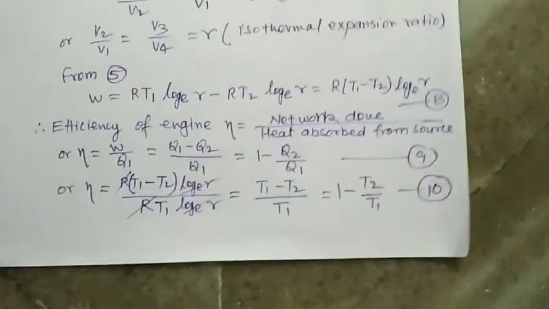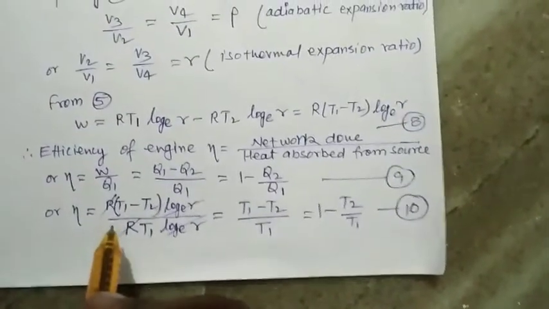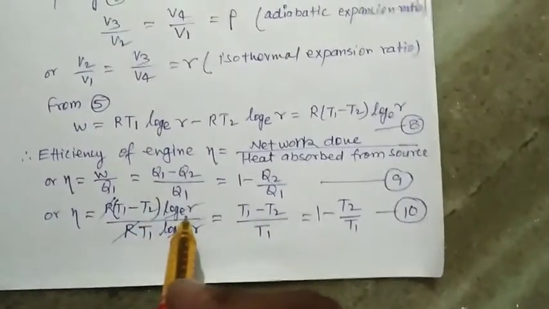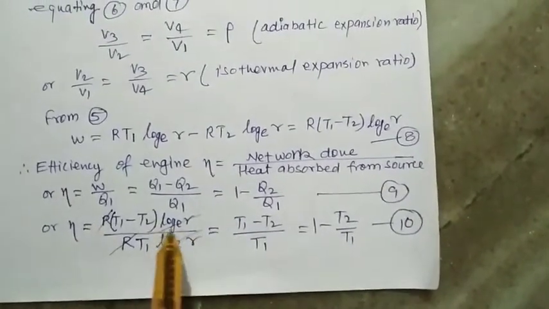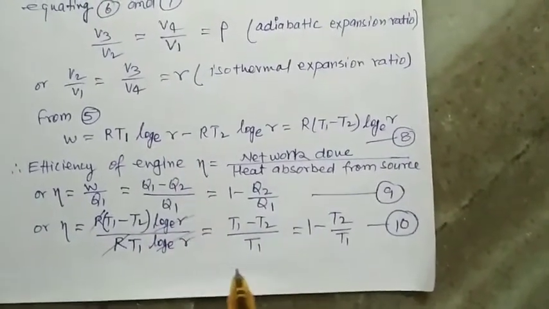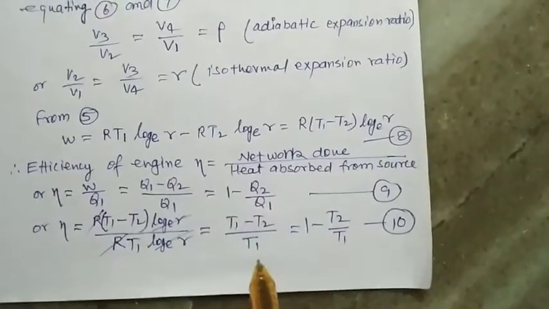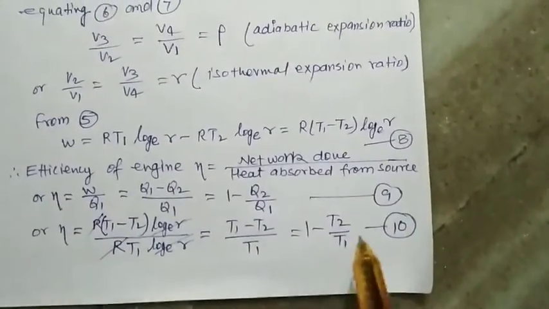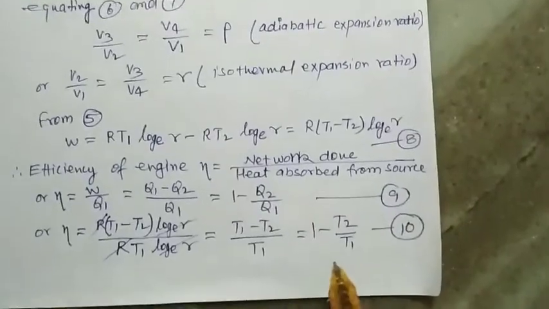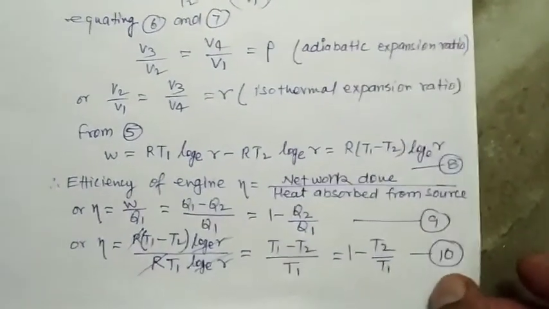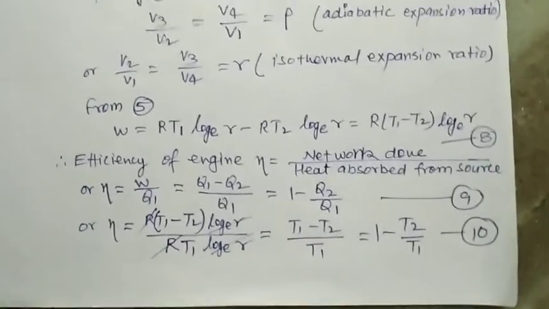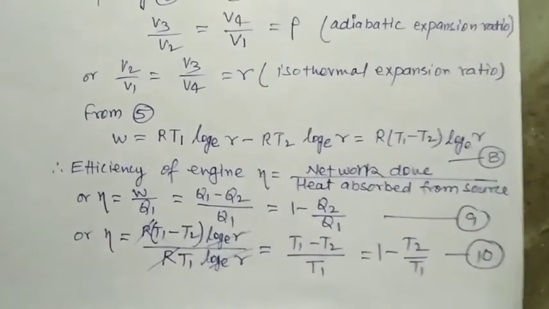And again eta is equal to R (T1 minus T2) log r upon R T1 log r. So these values are taken from the previous equations, is equal to (T1 minus T2) upon T1 is equal to 1 minus T2 upon T1. So these are very important equations for efficiency of the Carnot engine. Thank you so much.